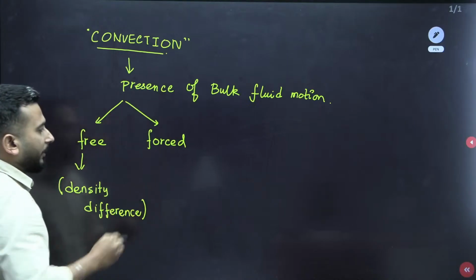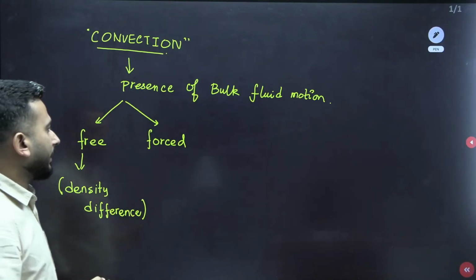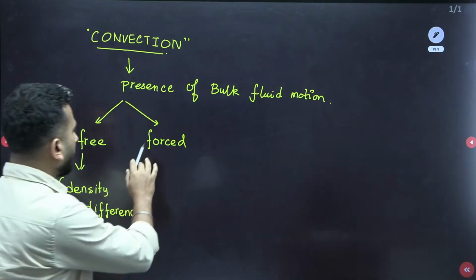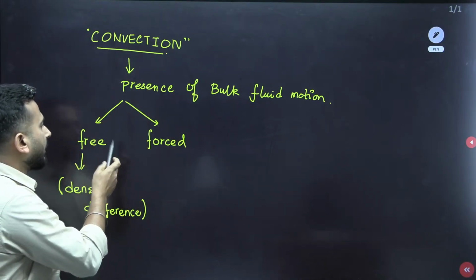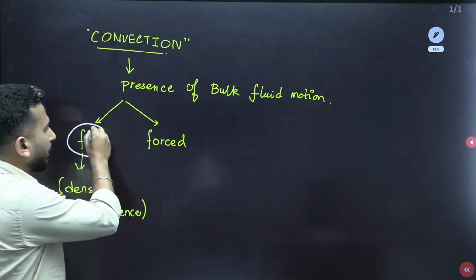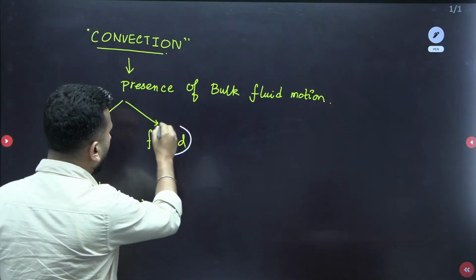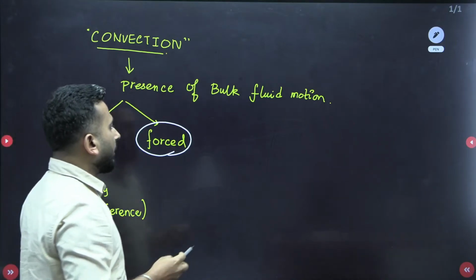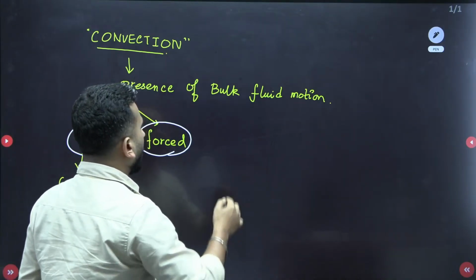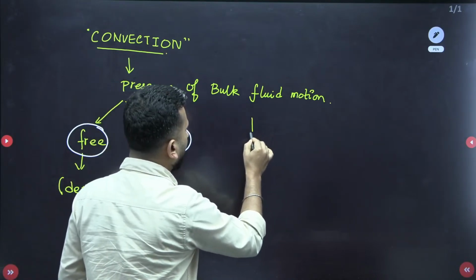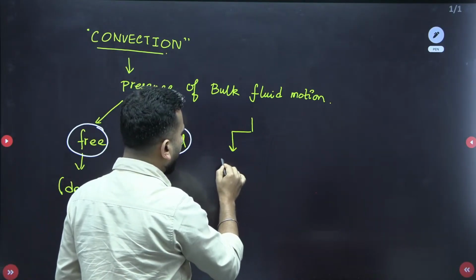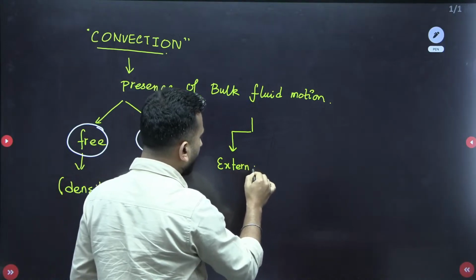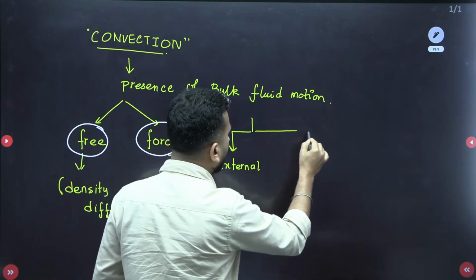Whereas forced convection takes place due to a number of factors, right? We will see in detail the mechanism of free convection, but as of now our focus today will be forced convection majorly. Also, there is external convection and there is internal convection.